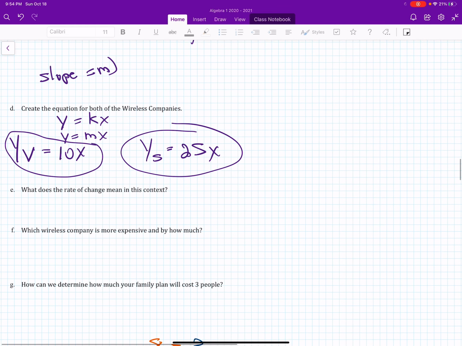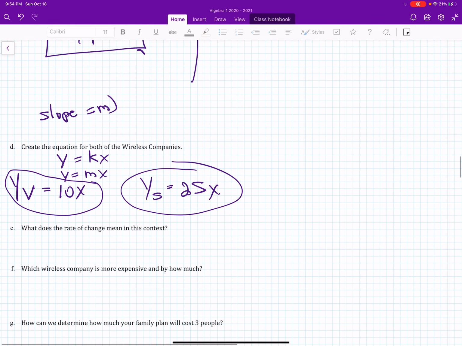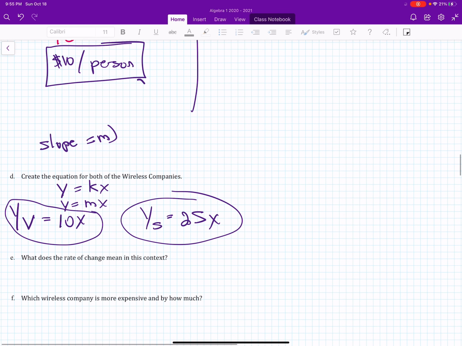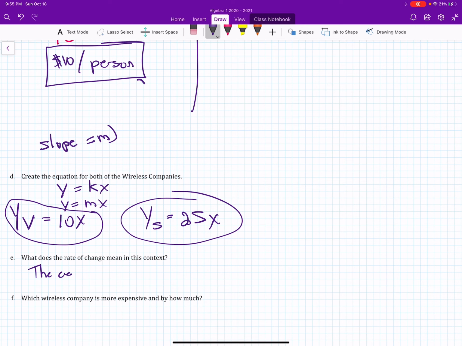All right. From here, what does the rate of change mean in this context? So again, the units is dollars per person. So it's the cost per each individual, or the average cost for each individual. Let me just see the notes.